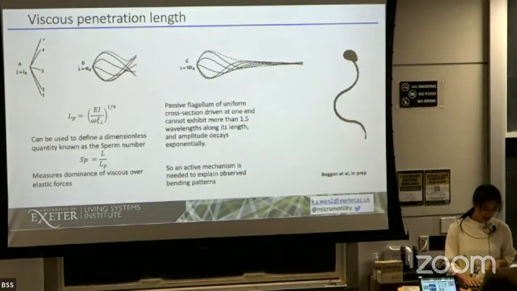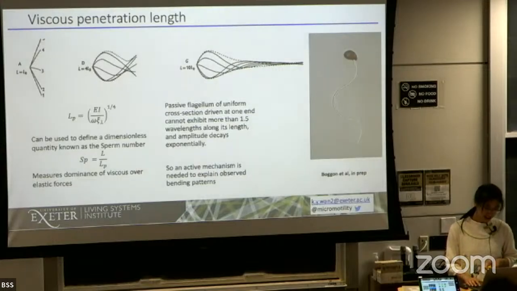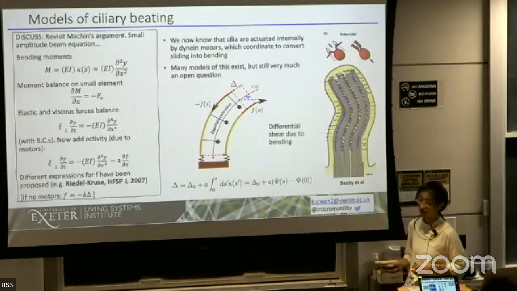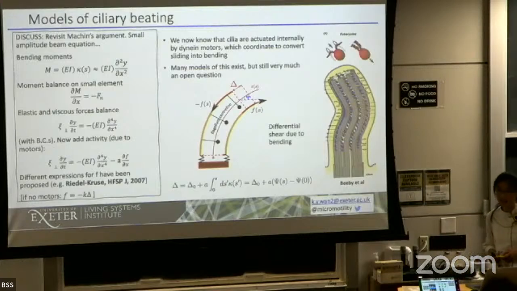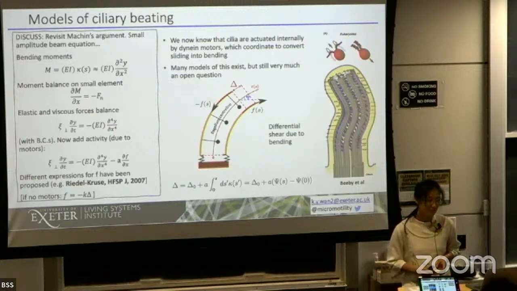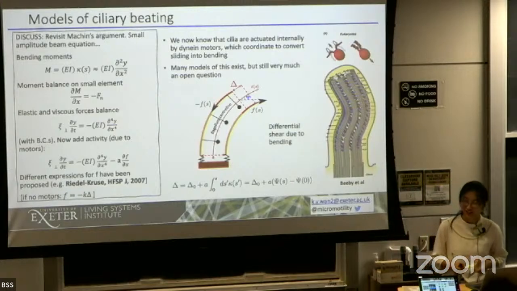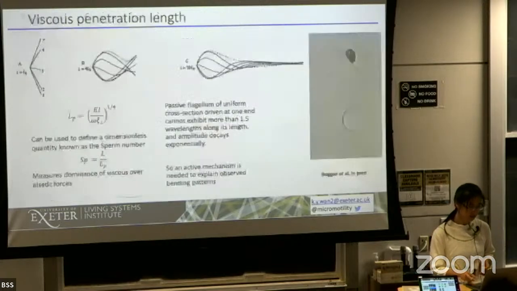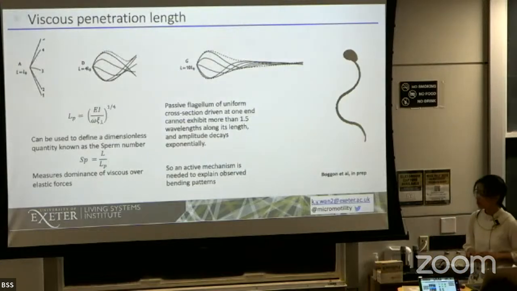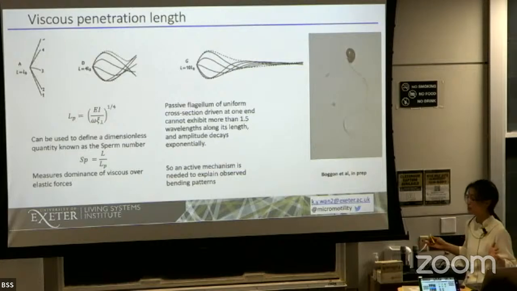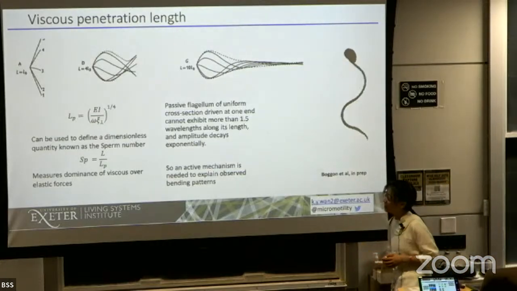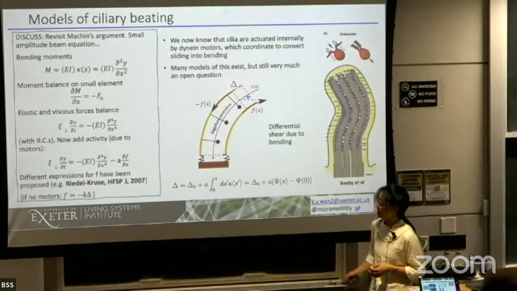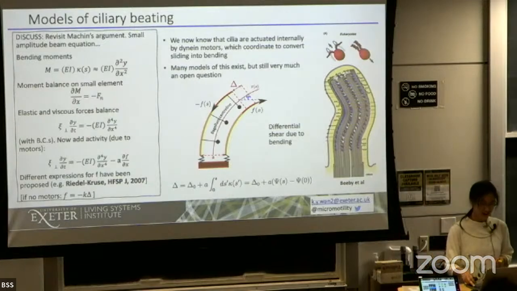Okay, and what's particularly useful is, if we go back to these equations here, this one in particular is associated with a scaling or a balance where you can construct another quantity known as the sperm number, which is a ratio of two length scales: the length of the filament in question, and this L_P, which comes from the moment balance here, a very interesting ratio.